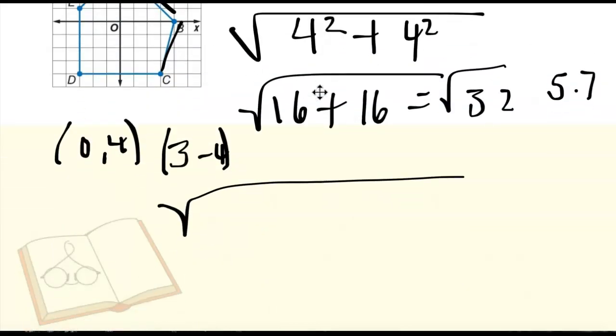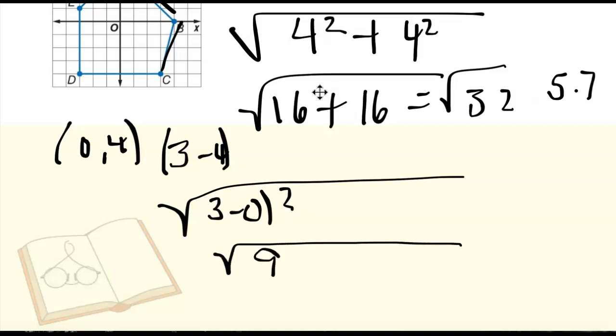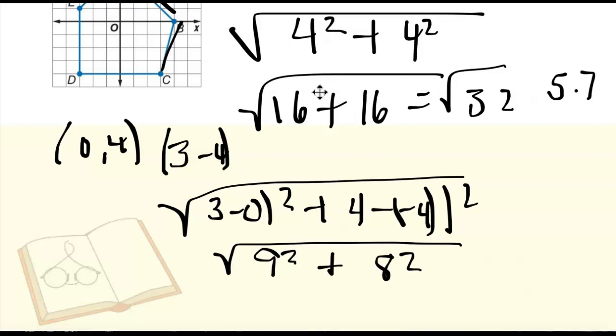So we would take, let's say, our x's: 3 minus 0, squared. Then we'd get 3 squared, so that will be the square root of 9, plus, and then I'm looking at my y's, so I have 4 minus -4, or you could have done that in the reverse. Either way, you're going to get that squared, and then we would get plus 8 squared.